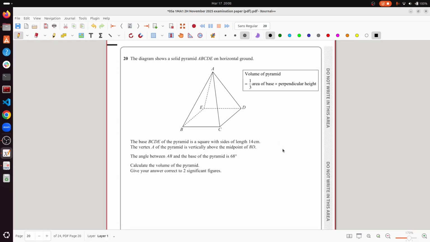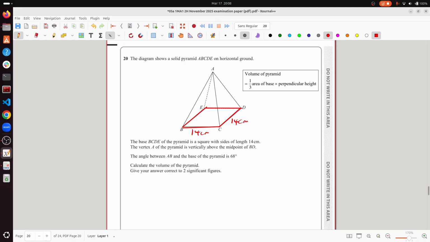For number 20, it says the diagram shows a solid pyramid ABCD on a horizontal ground. And they've given us the volume of the pyramid. The base, BCDE, is a square of 14 cm.